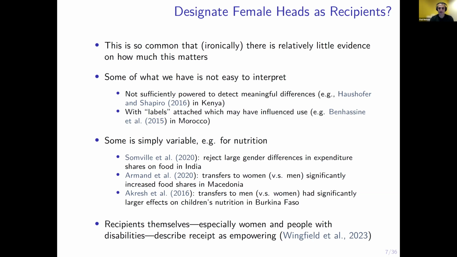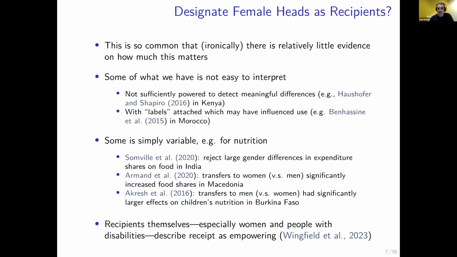to detect meaningful differences, right? So we do have studies in which households were randomly varied. In some, the female head, and in some, the male head received the transfers. In some of these, we just don't see treatment effects that are significant, but we can't rule out some that are very meaningful. There are also studies, for example, a very nice study of labeled cash transfers in Morocco by Benhassine et al., in which you do have exogenous, experimental variation in which household member gets the money, and we do see some effects, but the transfers are labeled in ways that may have influenced their use.